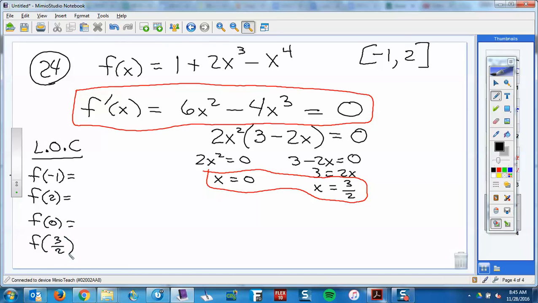Now remember, this is no calculator, right? But even if this was a calculator problem, you would have the red, and you would have this.